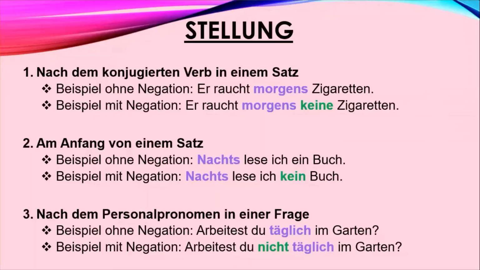Example with negation. Er raucht morgens keine Zigaretten. He does not smoke any cigarettes in the mornings. Now, the negation word kein is used because generally nouns have the negation word kein coming before them.